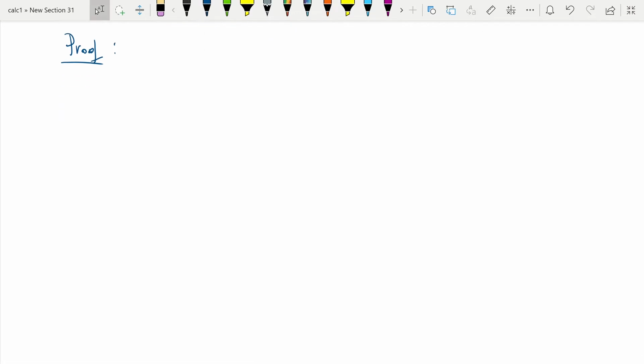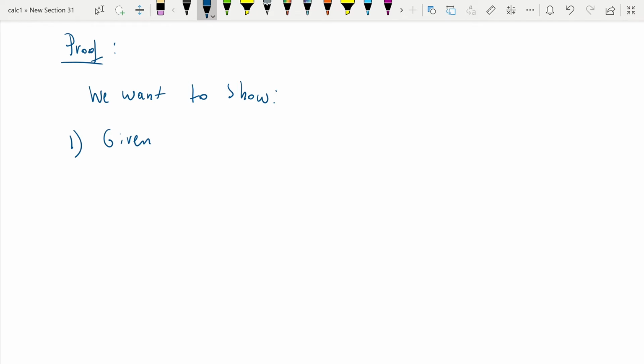So what we need to show again, this is the same table that we had before, is two things. The first one is what we're going to prove first.